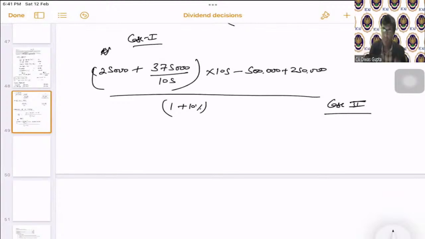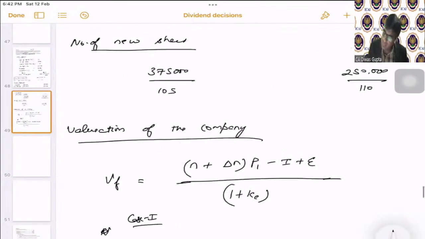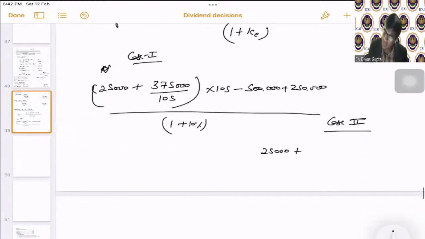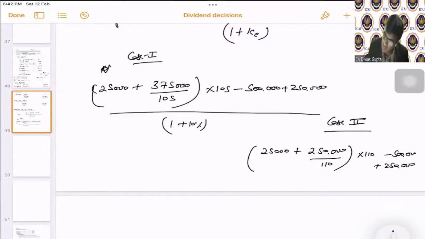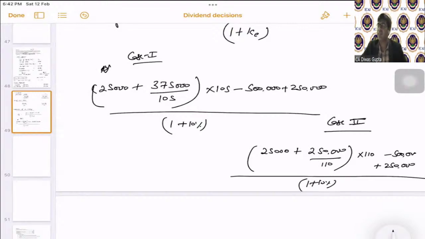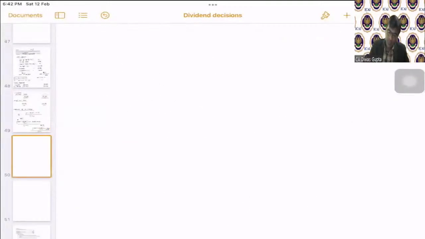What is case number 2? 25,000 remains the same, plus the number of new shares, 2,50,000 divided by 110, multiplied by 110, minus 5 lakhs plus 2,50,000, whole divided by (1 + 10 percent). Okay, students.